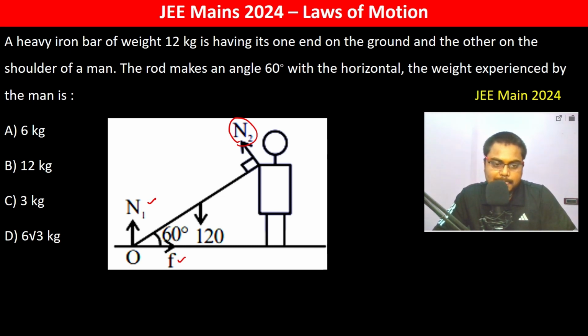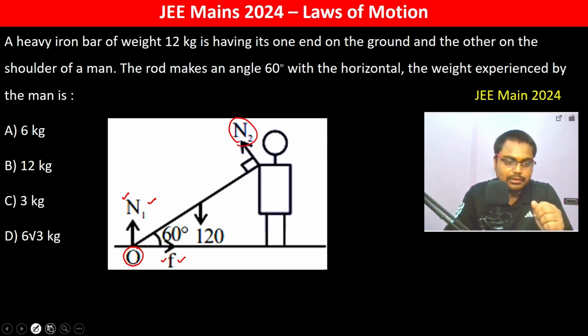Now a simple shortcut can be, since this entire thing is in equilibrium, so therefore what we do is find out the moment of the forces about O. Okay, so in that case N1 and F will be having moment of 0 about O because R is equal to 0.